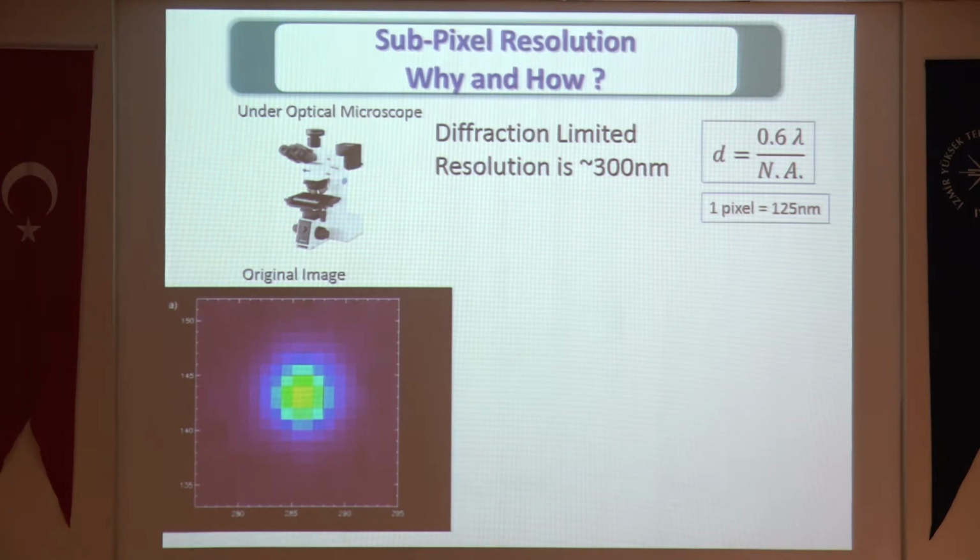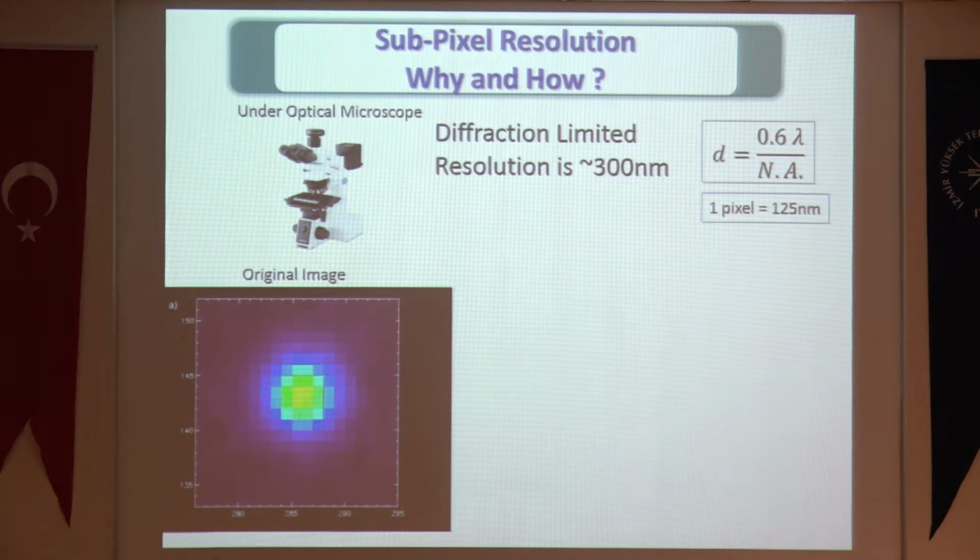Before moving further, I wanted to talk about why sub-pixel resolution and how we do this. This is also a well-known thing. Under an optical microscope, the diffraction-limited resolution depends on your wavelength and the numerical aperture of your objective.